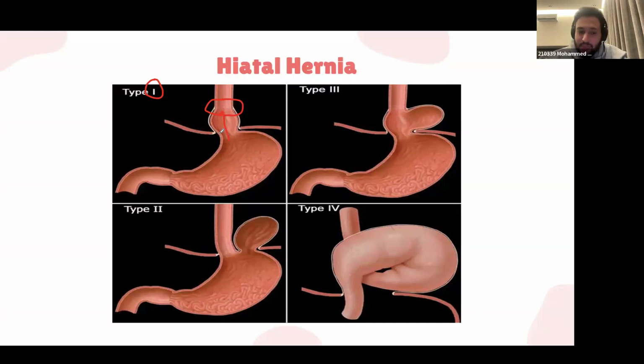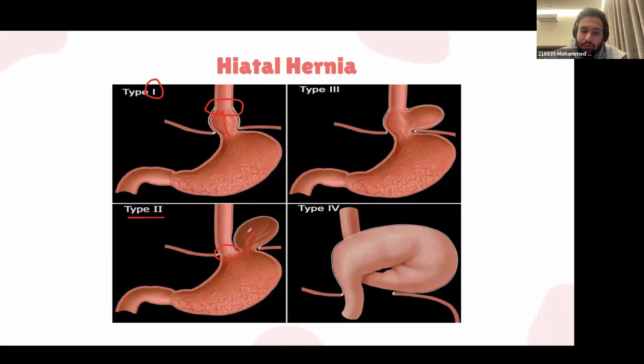Okay. Now, type 2, very important thing you need to remember, it's also called rolling hernia and phrenoesophageal hernia. Anyways, the most important thing is that the gastroesophageal junction is not involved in the hernia. It's in its place. What's going upwards is the gastric fundus.